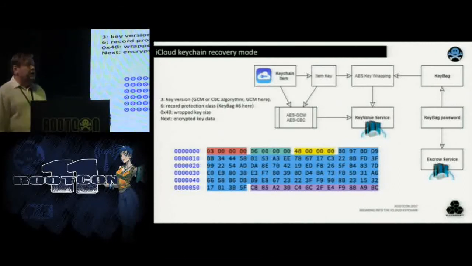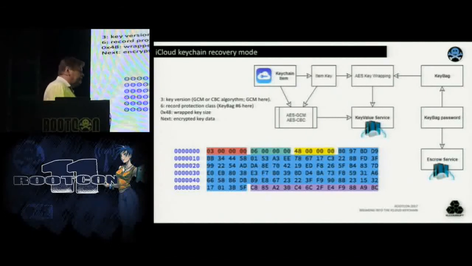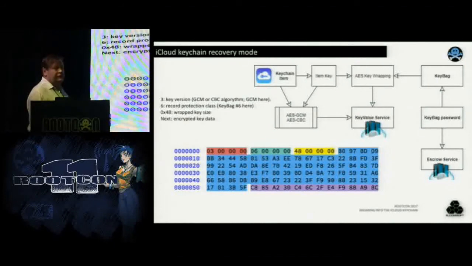There is also a keybag with a storage of the encryption keys, and to be able to restore the data from the iCloud, if you lose all of your trusted devices, there is a so-called escrow service running at Apple, and all keychain items are encrypted with a strong AES algorithm, but every record is encrypted with its own key, and the keys are encrypted with another key stored in the keybag, and the keybag is stored for backup and recovery purposes at the escrow service.